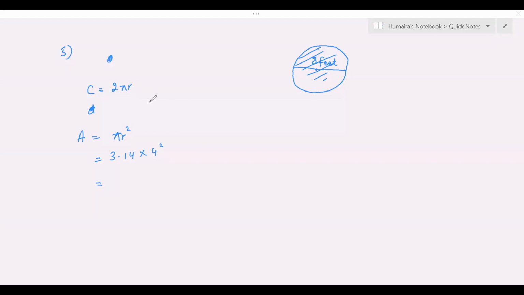Can you calculate this on your calculator? 3.14 times 16 is 50.24. Yeah, I'm having the same one.